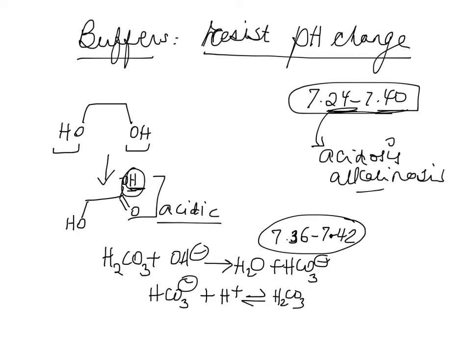Now, like I was saying, if the concentration of glycolic acid becomes too much, then the blood pH is going to drop dangerously low, and that kind of situation is called acidosis.